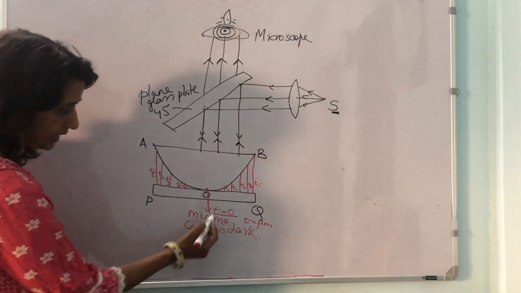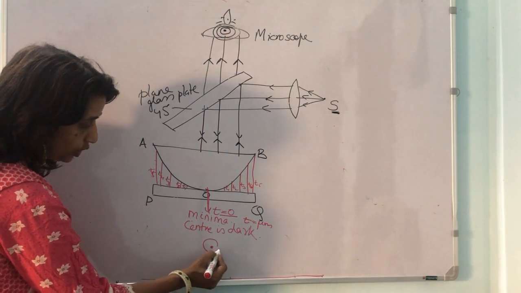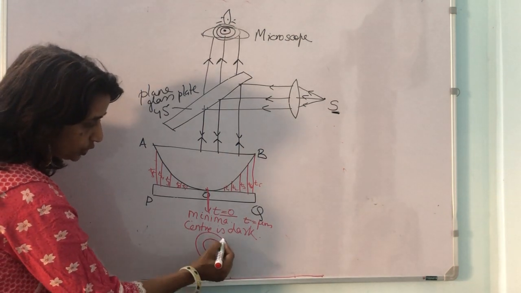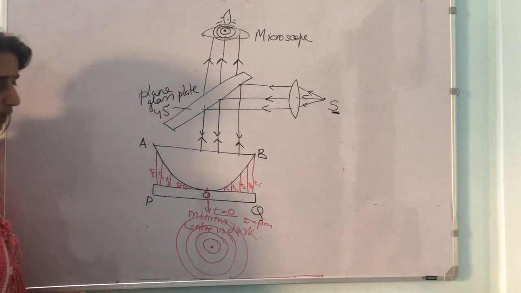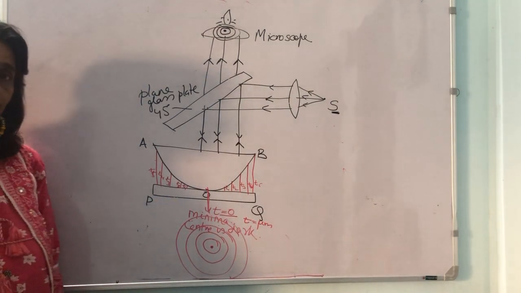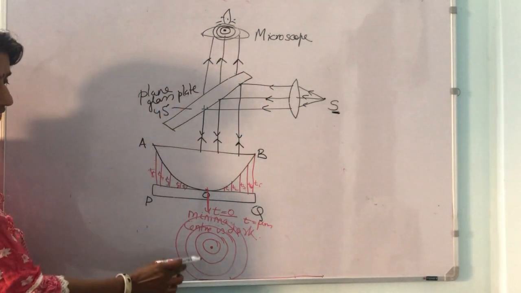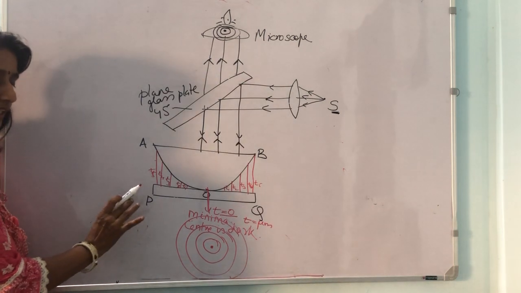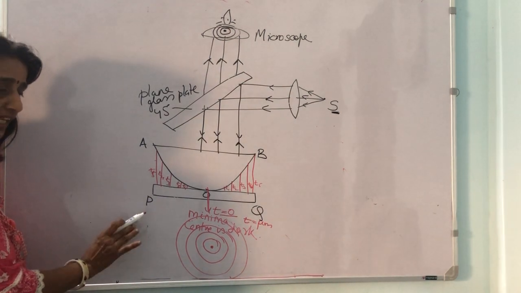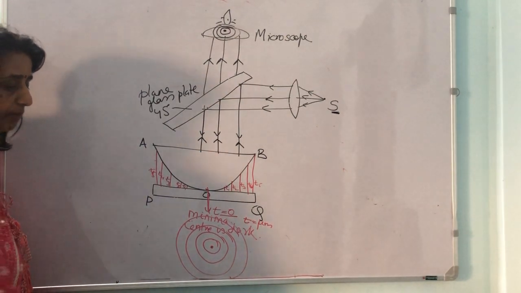Now with minima here at t equal to 0, then t equal to 1, 2, 3, 4, we get concentric circular fringes formed in this experimental setup. This is a very unique experiment where the fringe pattern comes in a circular manner.